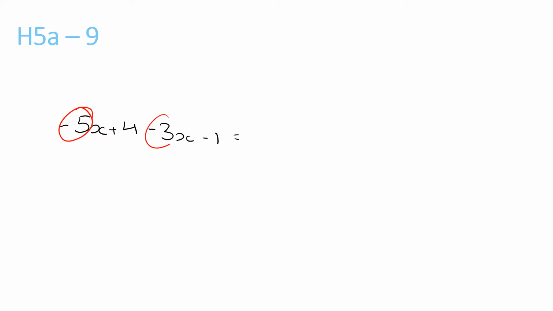Minus 5, minus 3, so it would be minus 8 with the x on the end, so minus 8x, plus 4, so 4 minus 1 is 3, and there's a plus, so it would be plus 3.